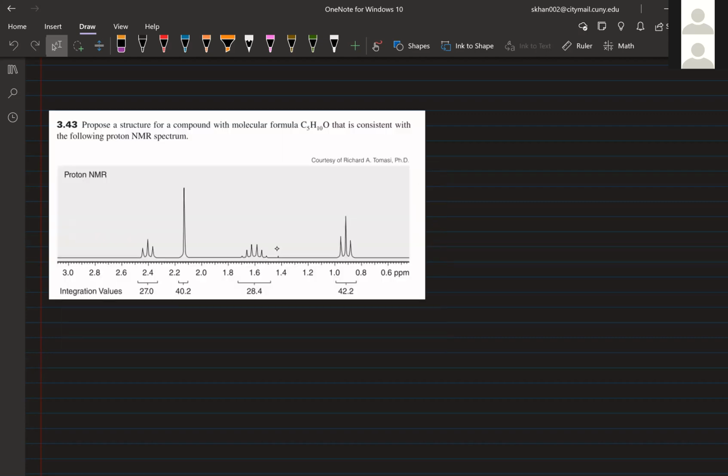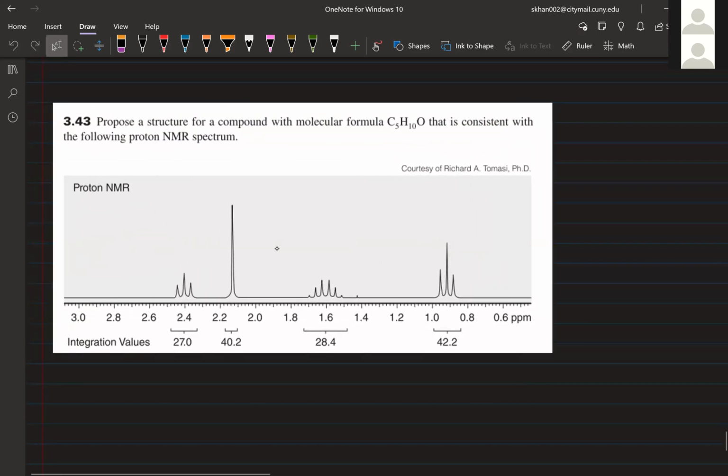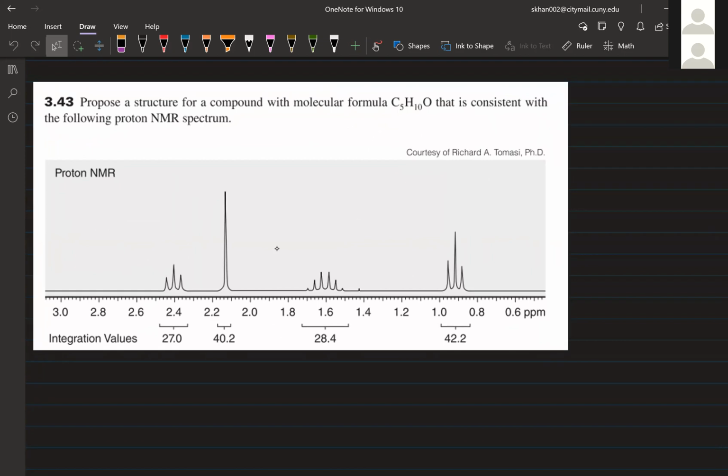Okay, so here: propose a structure for a compound with molecular formula C5H10O. There's our spectra below, and they were kind of nice and gave us the integration values. So first thing, what did I say to do? Get the degrees of unsaturation.